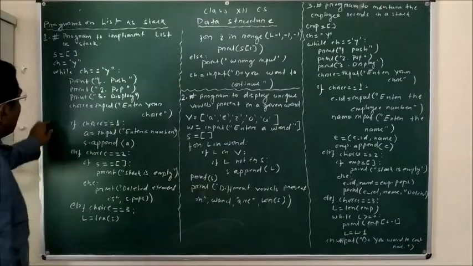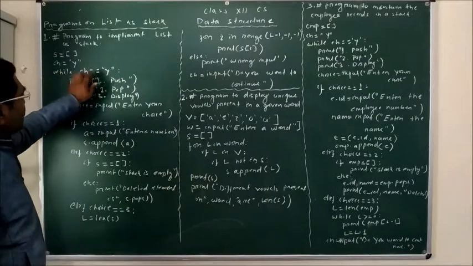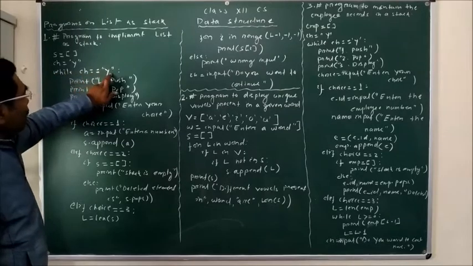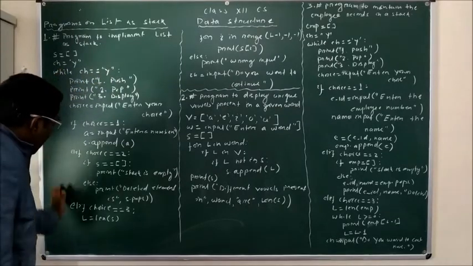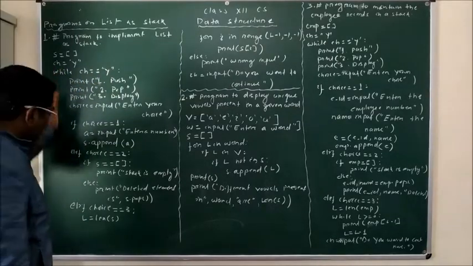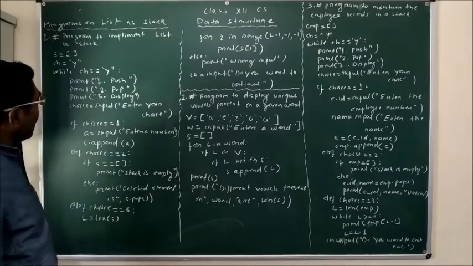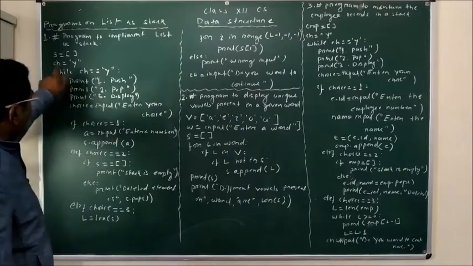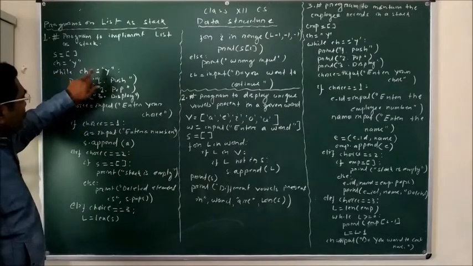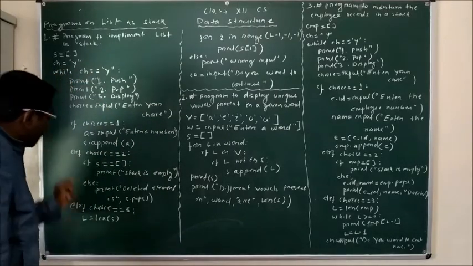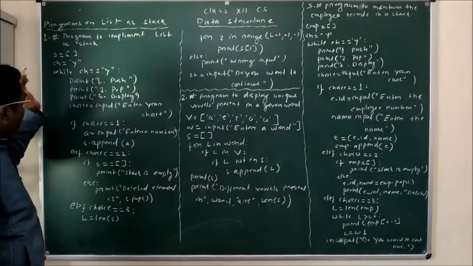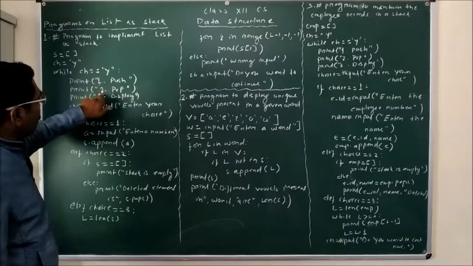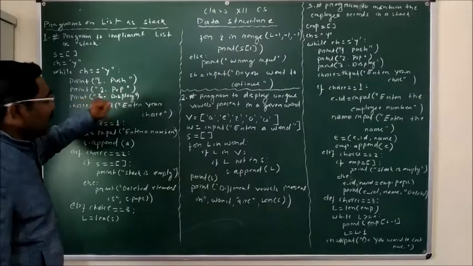Now try to understand the next statement, while ch is equal to y. Until the value of ch is equal to y, all these following statements are executed. Initially we have ch is equal to y, so this condition is satisfied, and these statements are executed, in which the first statements are print 1 push, print 2 pop, print 3 display.